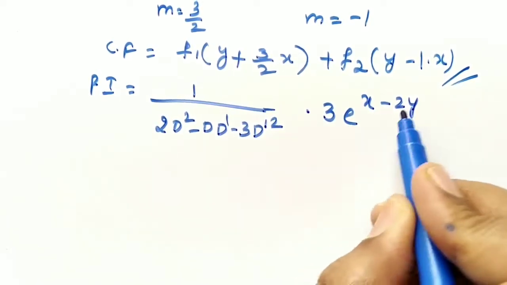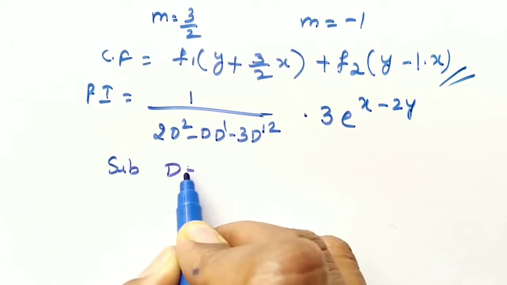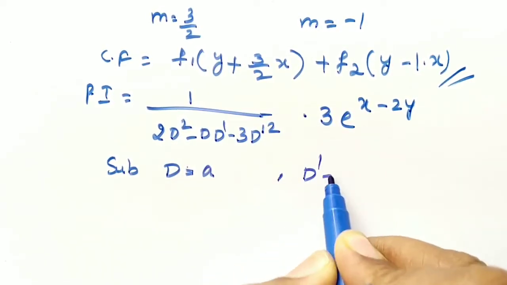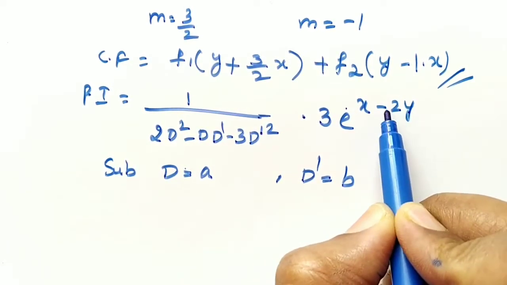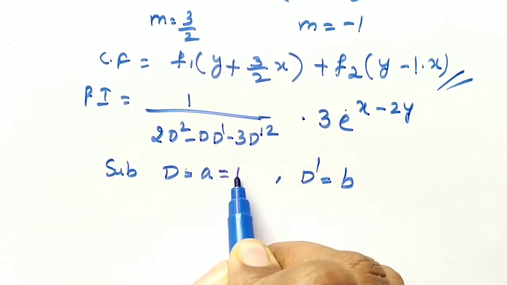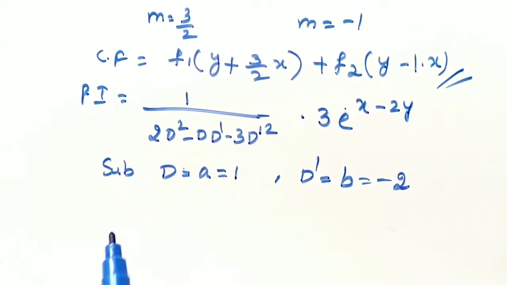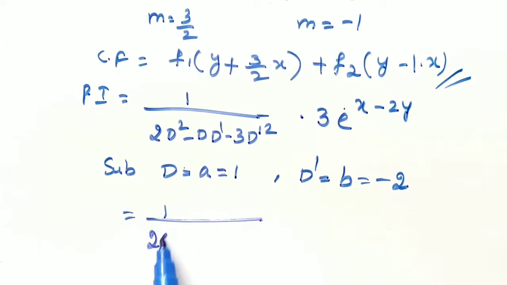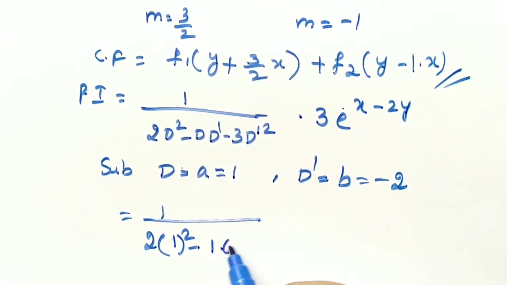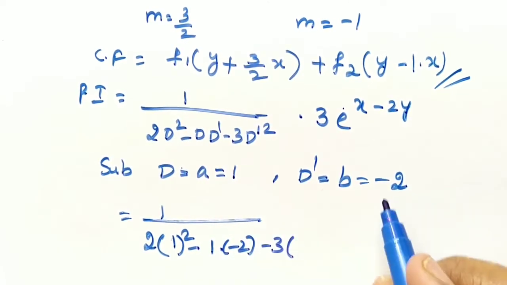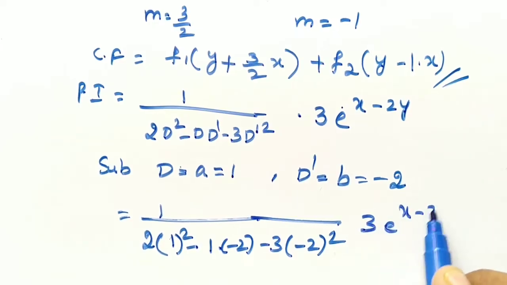For the exponential function, the procedure is to substitute D equal to a, D dash equal to b. Here the x coefficient is a and the y coefficient is b. So D equal to a means 1, the x coefficient is 1, and b means here minus 2. Substitute here: we get 1 by 2 into 1 square, minus 1 into minus 2, minus 3 into minus 2 whole square, into 3 e power x minus 2y as it is.